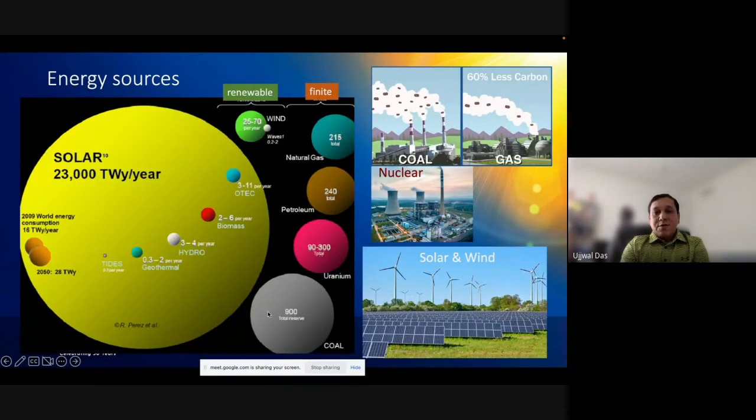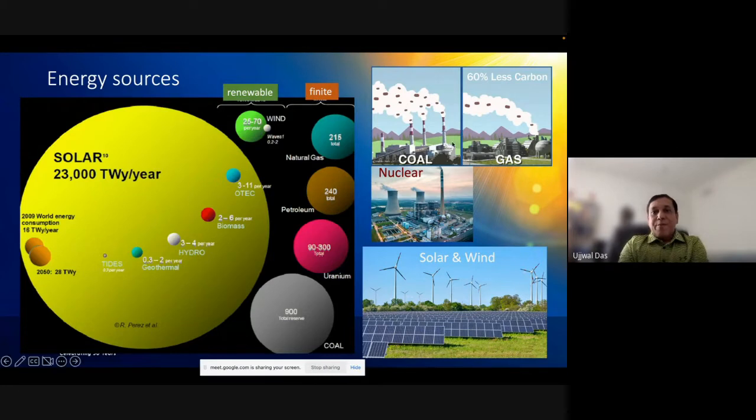For coal, it's pretty big, so we should be able to last for a long period of time. And by the way, the current world energy consumption per year is about 16 terawatt. By 2050, it's supposed to go up to about 30 terawatt. Now, coal has a reserve for 900 terawatt of power. So, coal is definitely enough to sustain for another century or so.